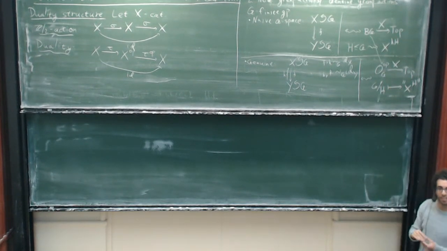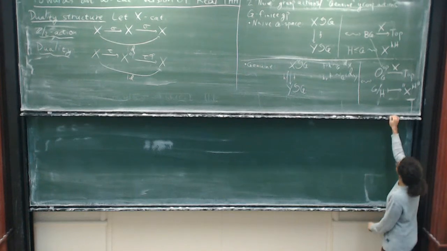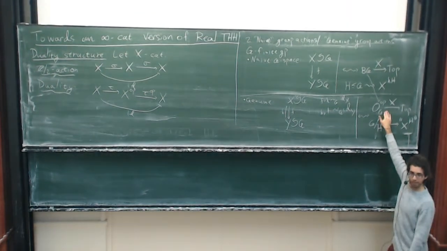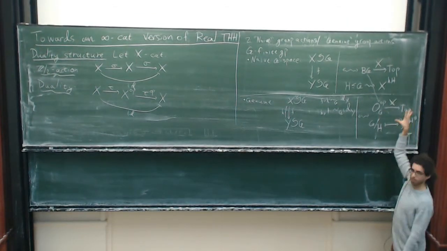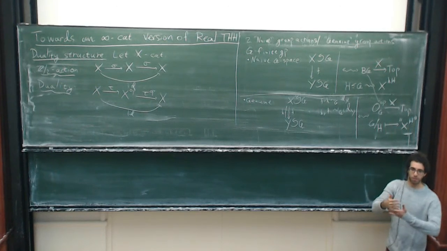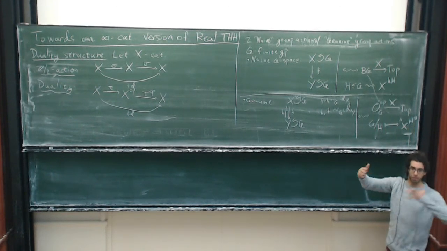So is the idea that the compatibilities of x to the h will go based on the same equations as when I change the structure of this category? The structure of this category says that when you look at this presheaf, then you have certain compatibility between the different fixed points.